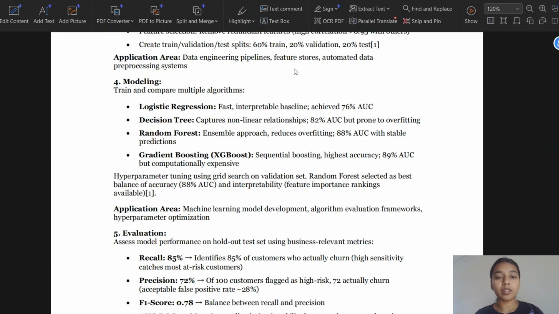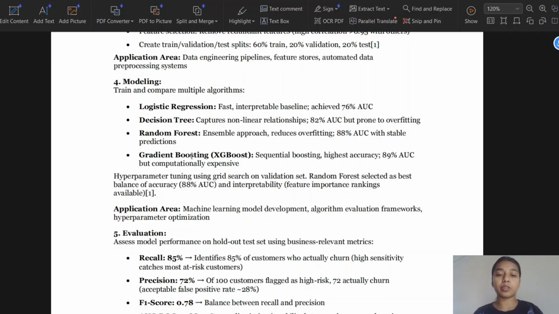Fourth is modeling. Train and compare multiple algorithms. First, logistic regression. A fast, interpretable baseline that achieves 76% AUC. Second, decision tree captures non-linear relationships. Third, random forest. An ensemble approach that reduces overfitting, 88% AUC with stable predictions.